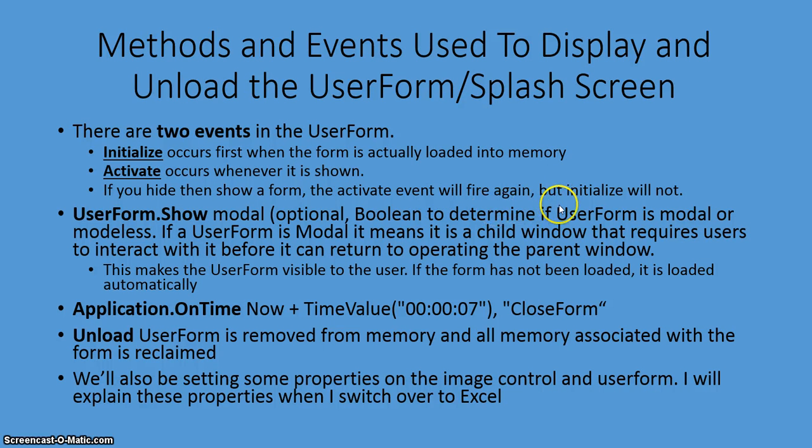It is used to determine if the user form is modal or modal-less. If a user form is modal, it means that this user form is a child window that requires users to interact with that child window before you can actually return to the operating parent window.